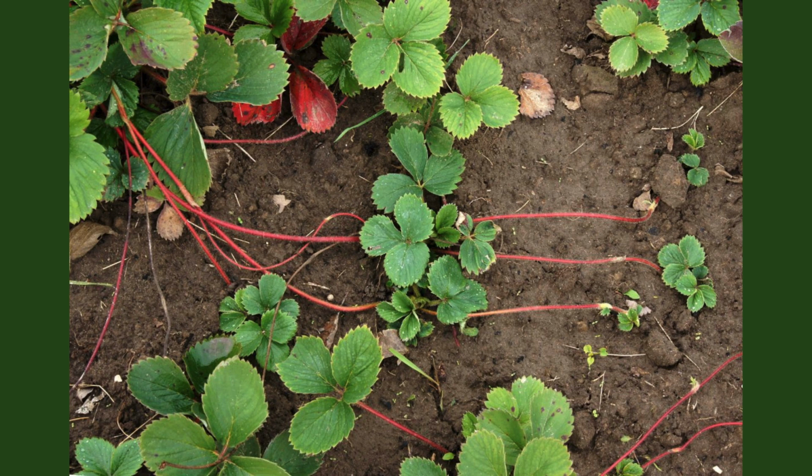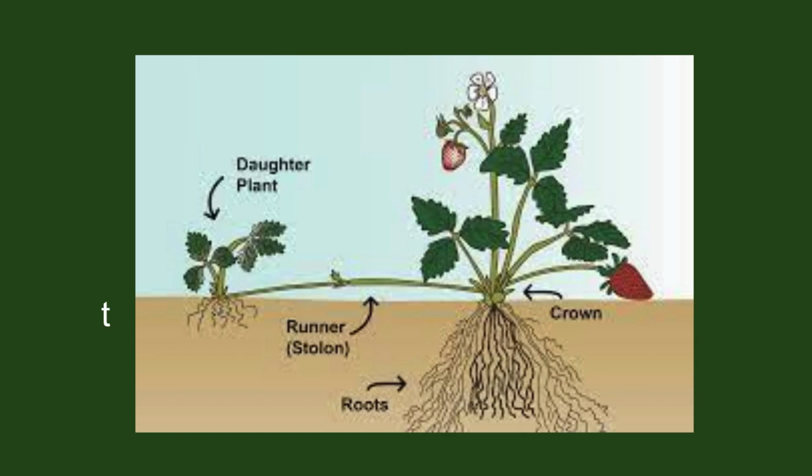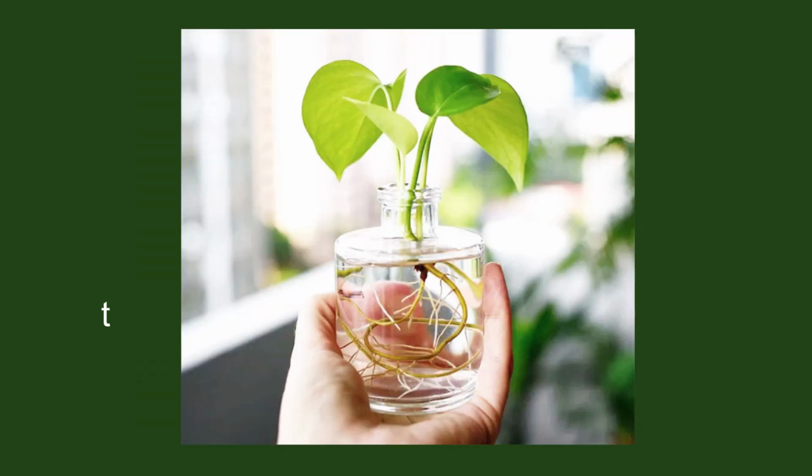Another is strawberries. They have these things called runners, and they go out and start to grow. And it's a plant that comes from one plant. So this is another way of asexual reproduction.